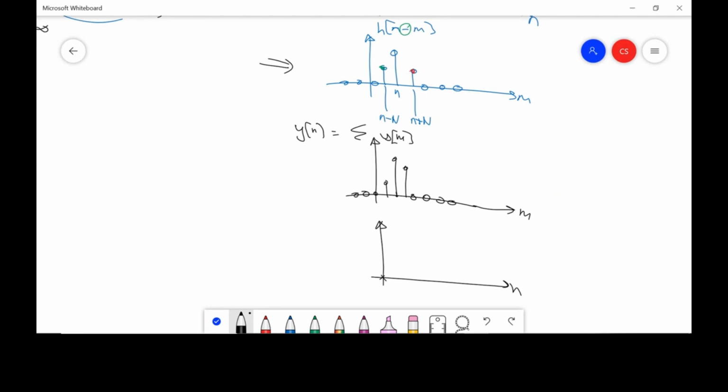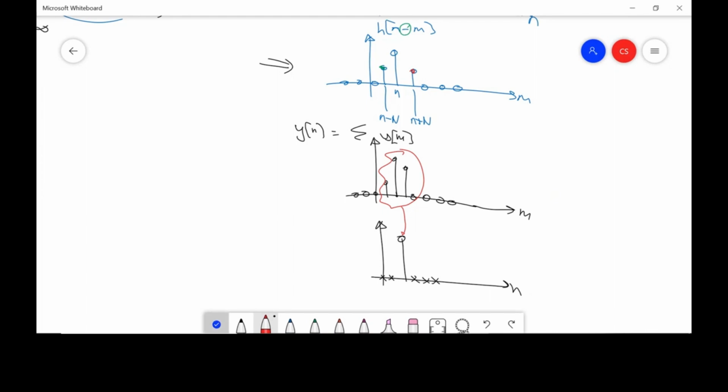This one we don't know yet, but this we have calculated. It is this sum. And the rest we have not calculated yet. So all this sum goes to this sample. Okay, so the process is clear.